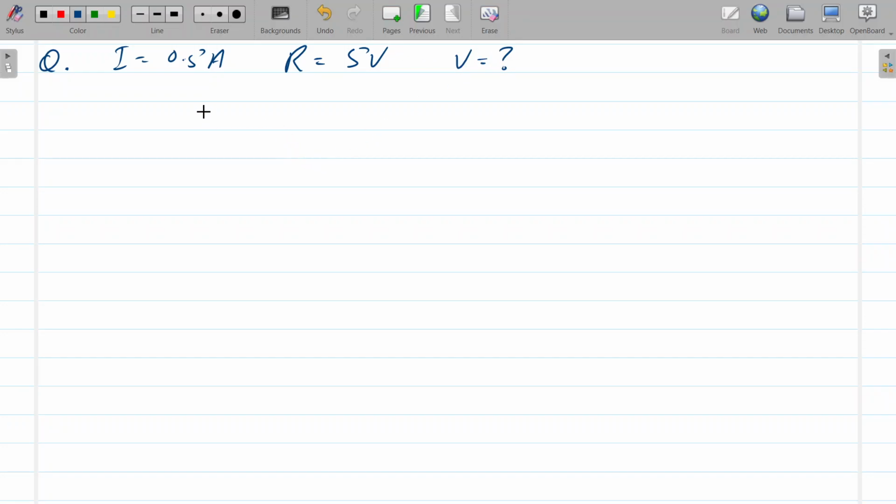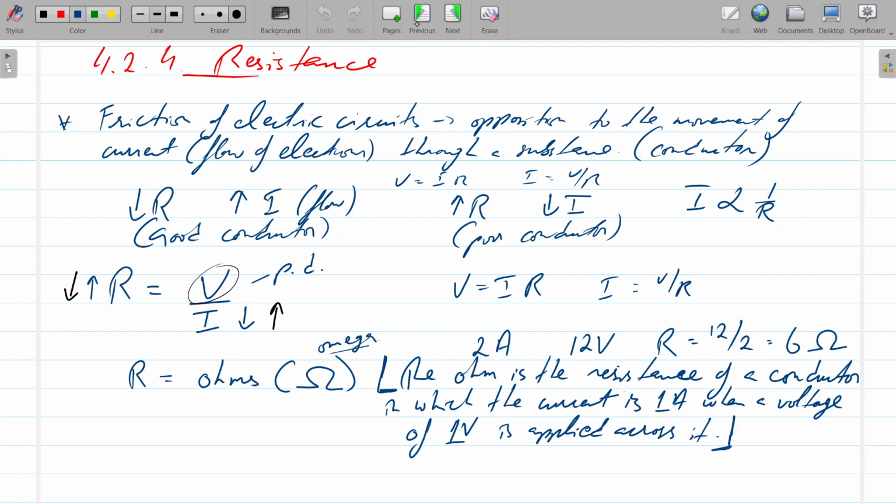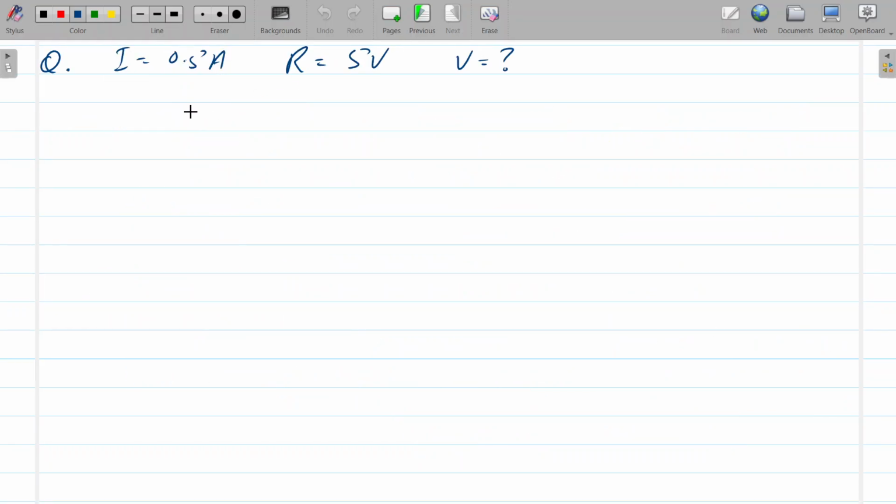We will divide 5 by 0.5. No, look at the equation. We will multiply. So V equals IR equals 0.5 times 5, which gives me 2.5 volts.